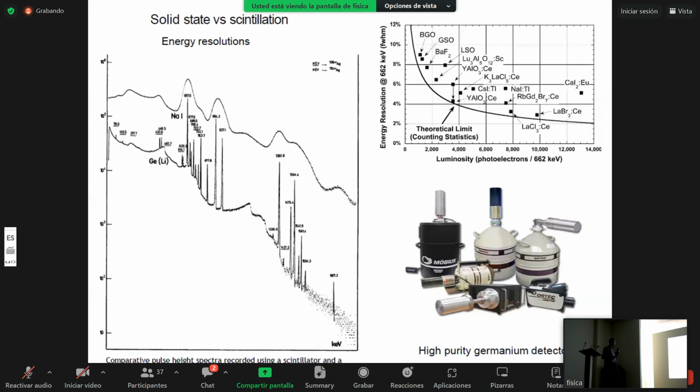If you look at this picture, here you can see two types of detectors. The first one is the germanium detector, with the spectrum we get using it, and the second one is a sodium iodide scintillation detector.